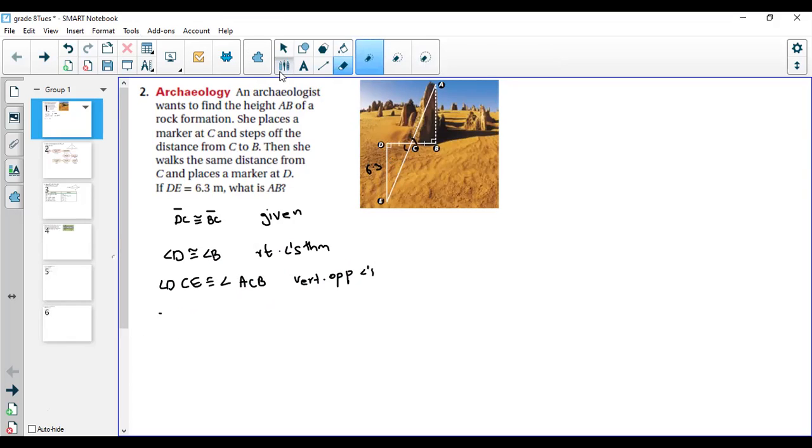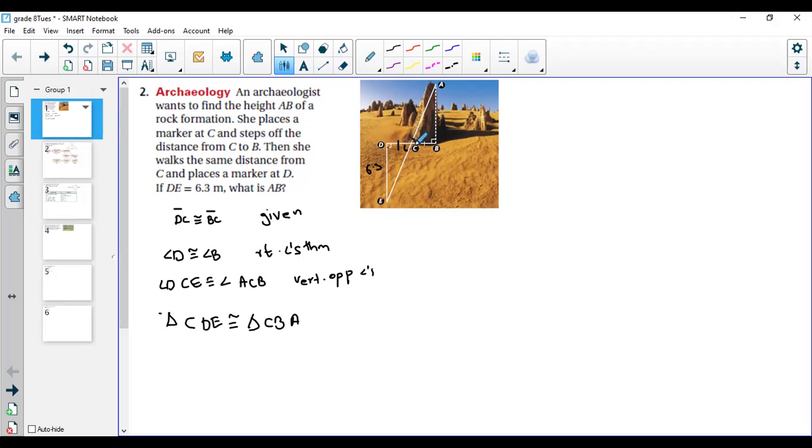So finally, we can say that triangle CDE is congruent to triangle CBA because of which theorem? We used this side and these two angles.